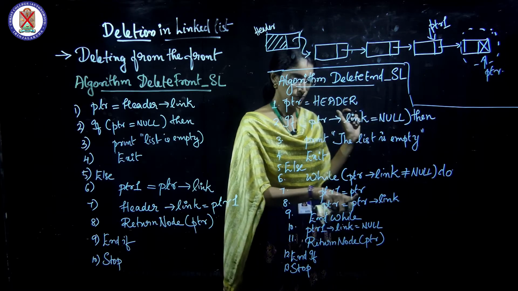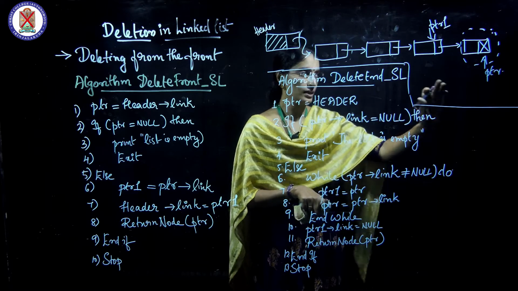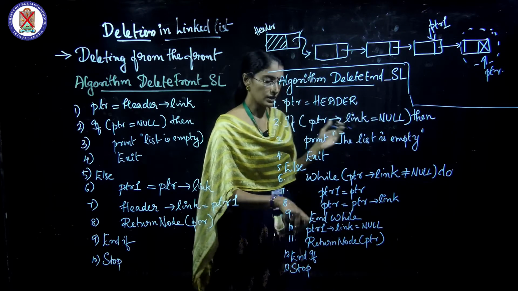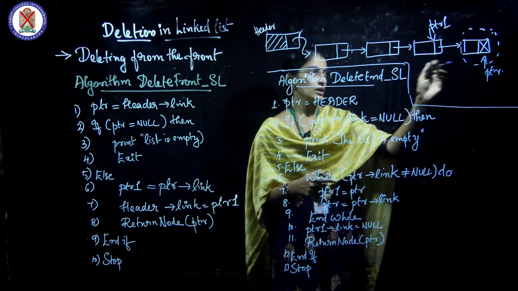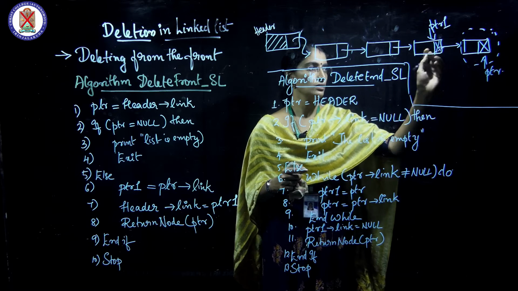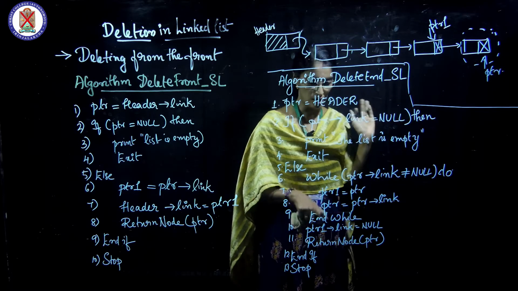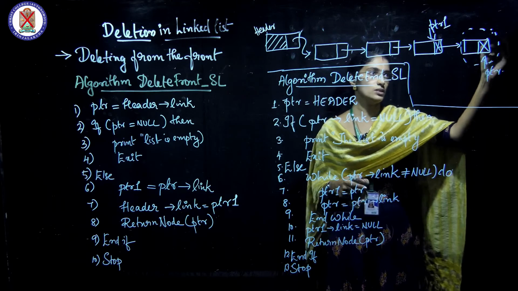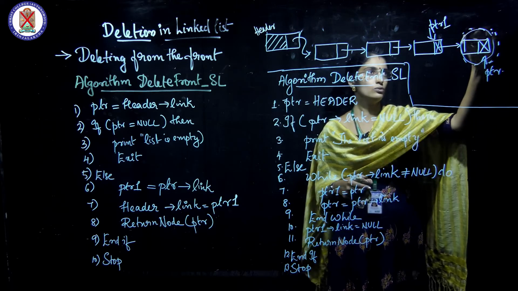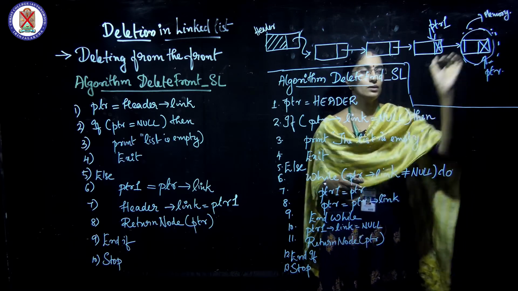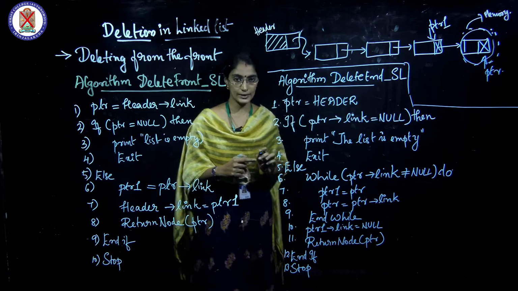Okay, so PTR1 is equal to PTR, and then you go forward to the next node. So after that, what happens here? Naturally, you are going to delete this node. Now you can keep the link part of PTR1 as null, and you can safely return the last node, this PTR node, to memory with the help of the algorithm return node.